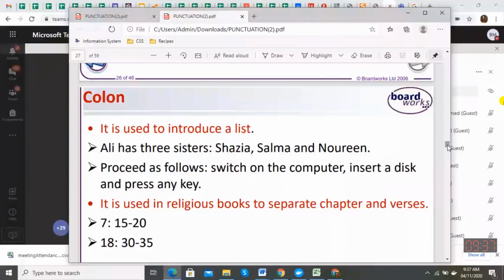Proceeds as follows: switch on computer, insert a disk.